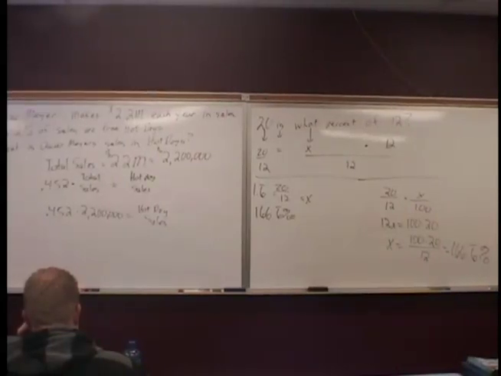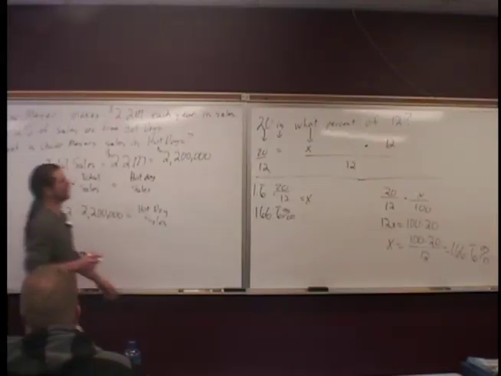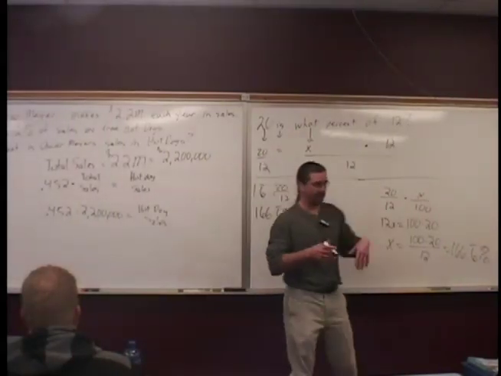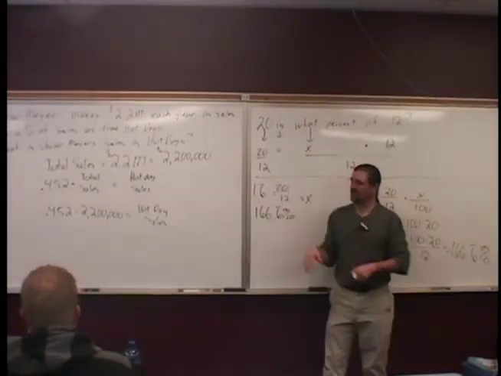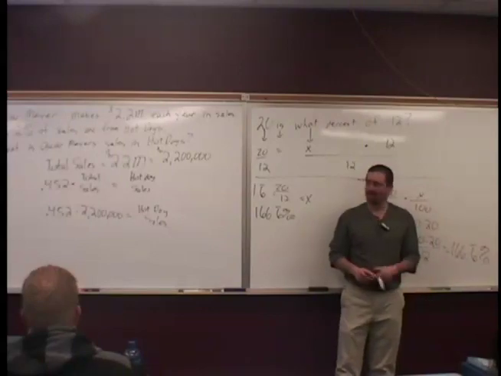Notice there were no X's floating around in here. There were no Y's floating around in here. I just used words. Isn't that much better, right? You don't have to have X and Y. Use X and Y when you have words like "what", where you don't know what the variable is. Here, you actually know what the variables are, right? It's total sales and hot dog sales.